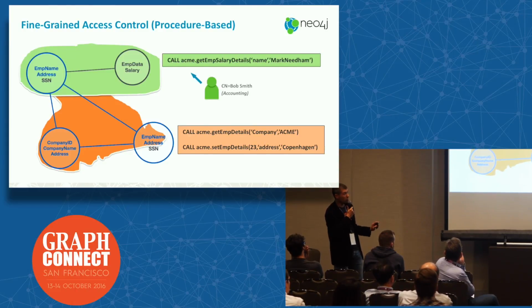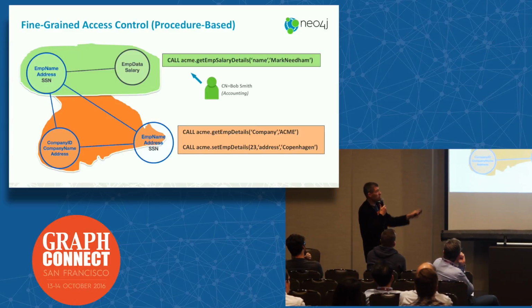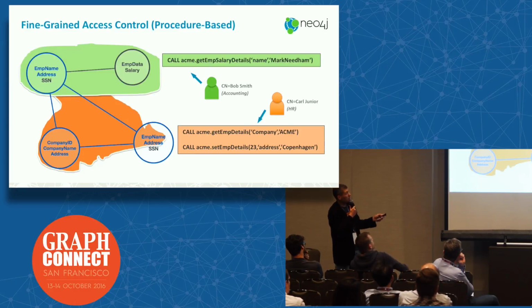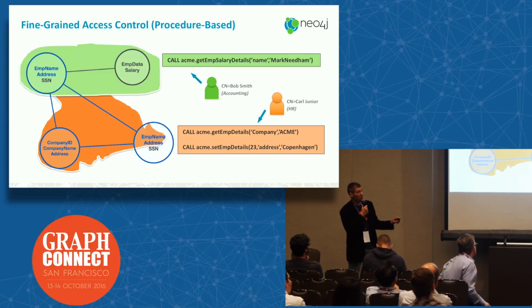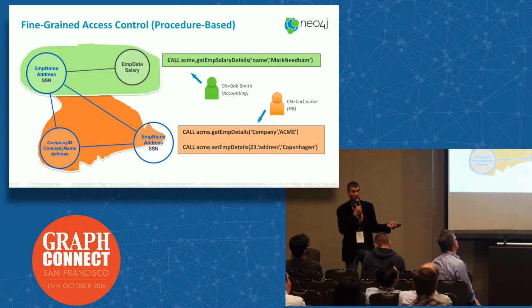So what you need to do is give permission to the user, Bob Smith in accounting, a permission to read salary details, and Carl Jr., because he's junior, in HR to only see the details of the employees without access to the employee data.